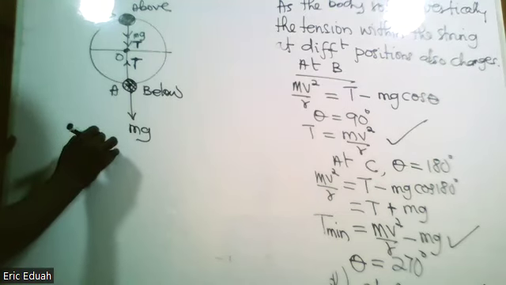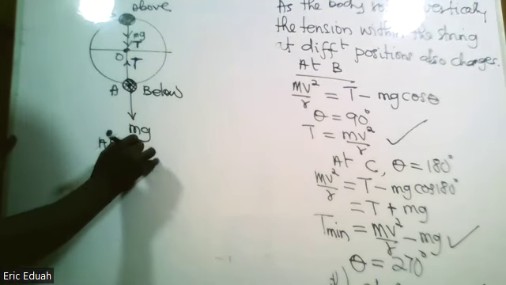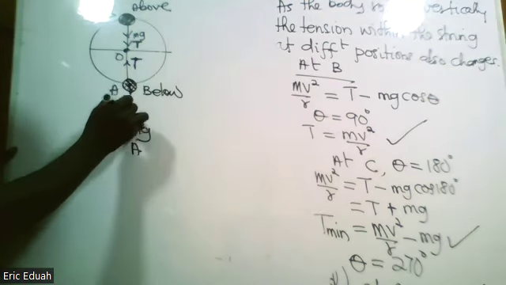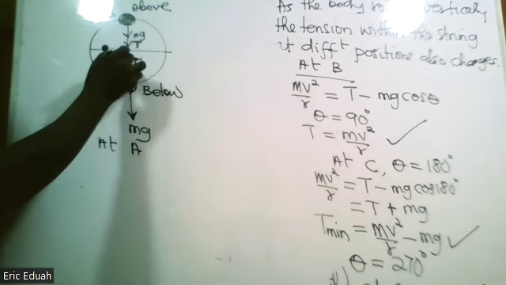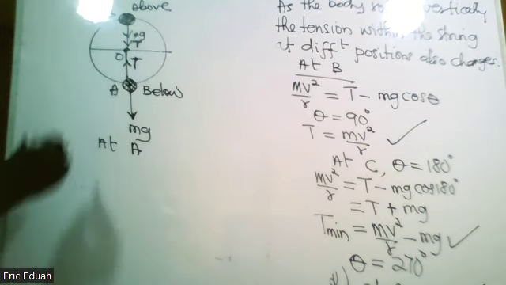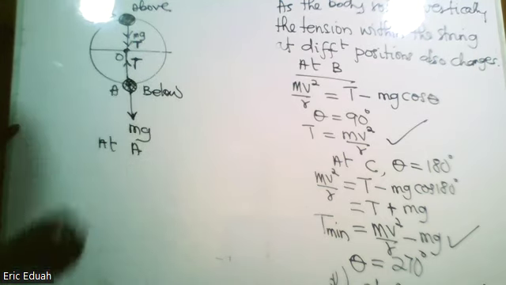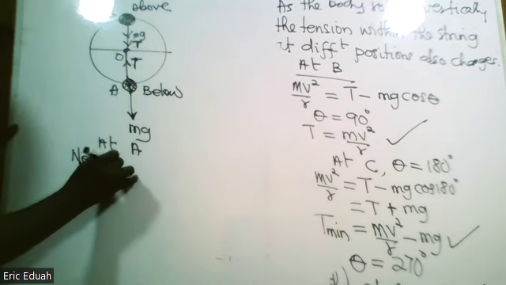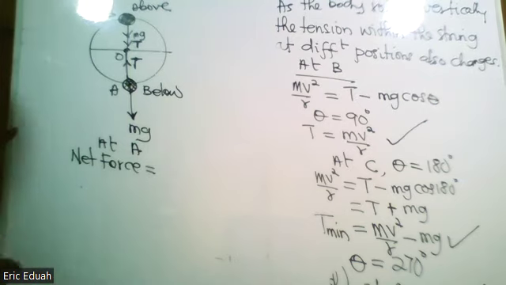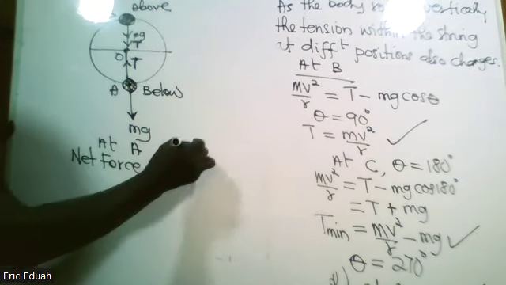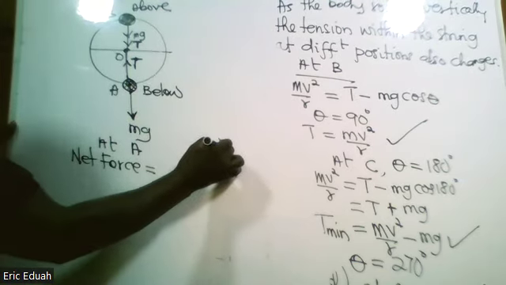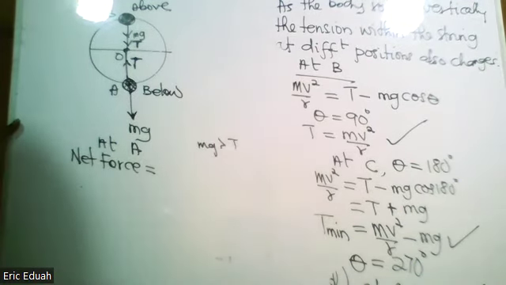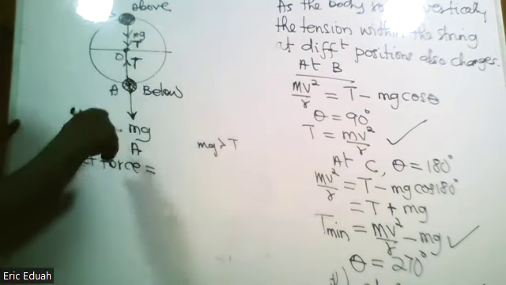So at A, we have two forces, one acting downwards and the other one acting upward on the body. What will be the net force? The net force is the difference between them. Now, if mg is greater than T, the object fails to stay within the circular path.